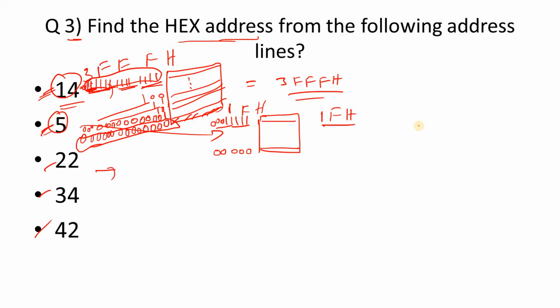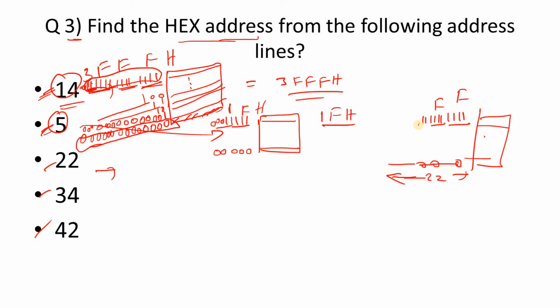Coming to 22, same as before: 22 zeros initially and 22 ones at the end. 1, 1, 1, 1 is F. The next 1, 1, 1, 1 is the second F, then the third F, then the fourth F, so 4 times 4, 16, is completed. Another 1, 1, 1, 1 is another F, so 20 is completed. 22 means 2 remain, so for grouping we add 2 zeros on the left side, which gives 3.